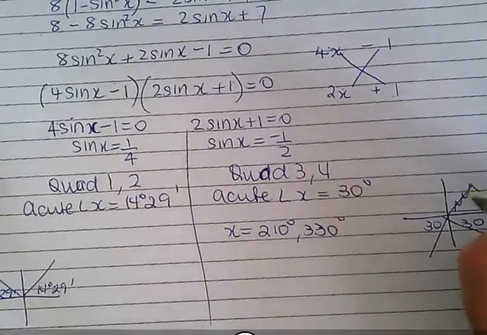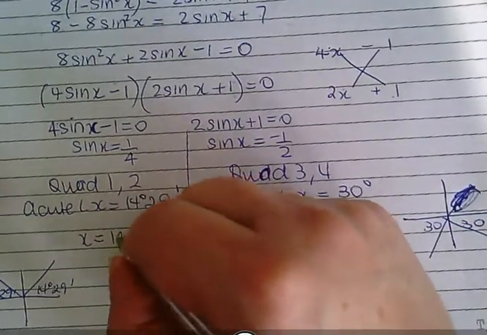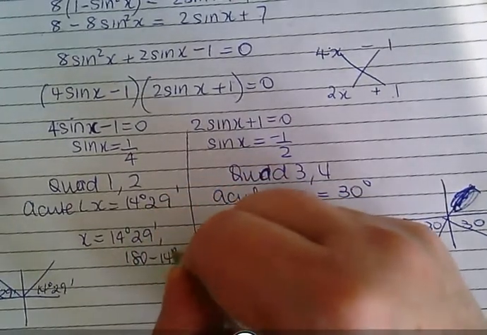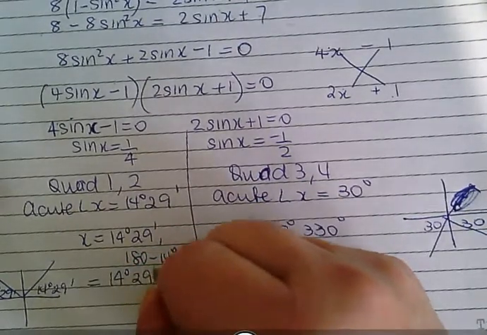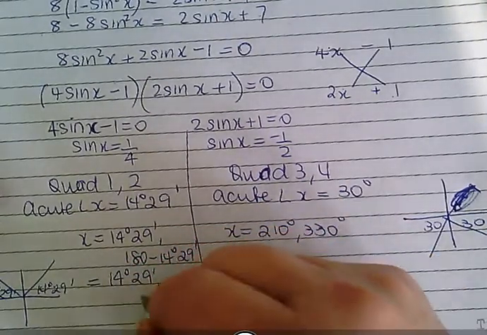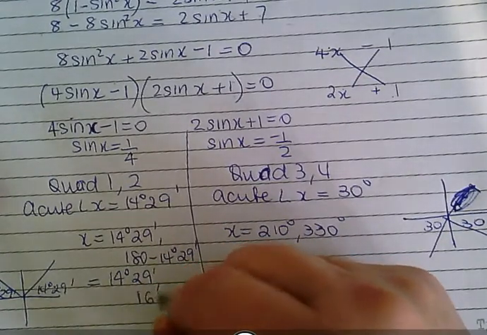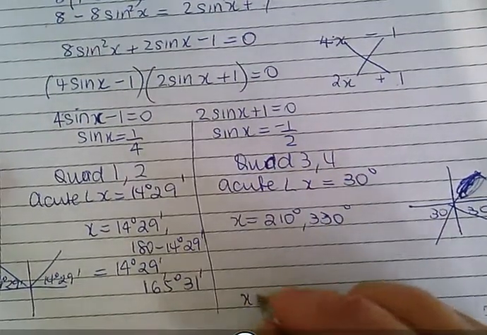So we've got x is 14 degrees, 29 minutes and 180 minus 14 degrees, 29 minutes, which is 165 degrees, 31 minutes.